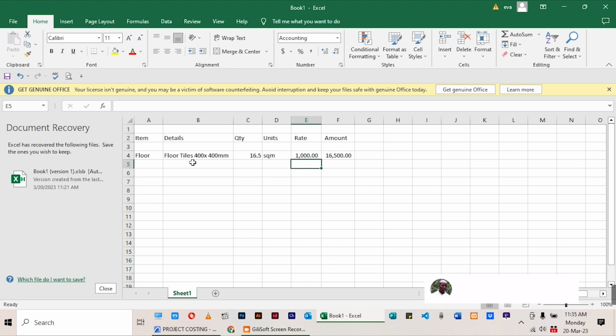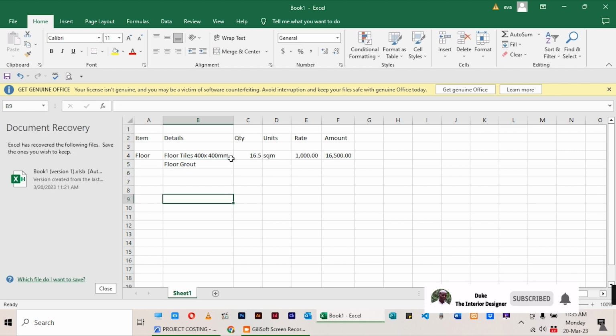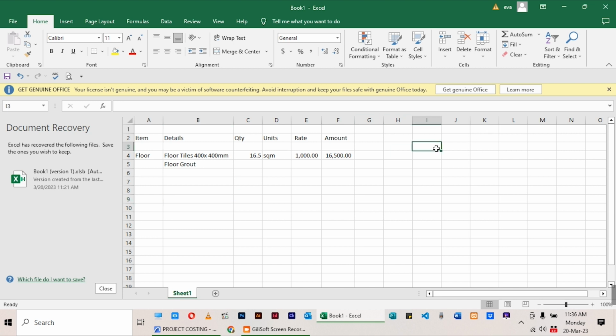What else is needed for the floor tiles? We need grout. Floor grout. In most cases, we do 10 square meters per every kg. And for us, we have 16.5, and we have 10.